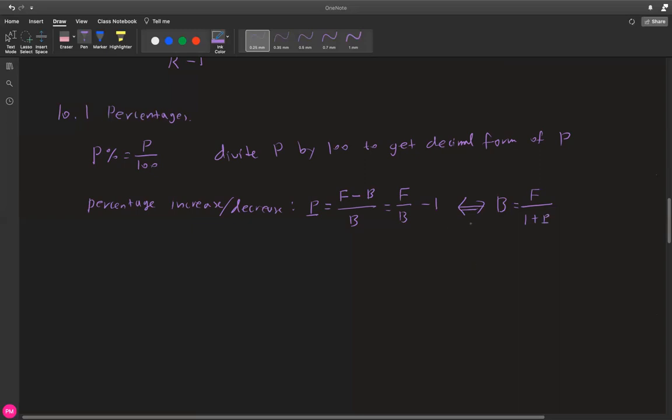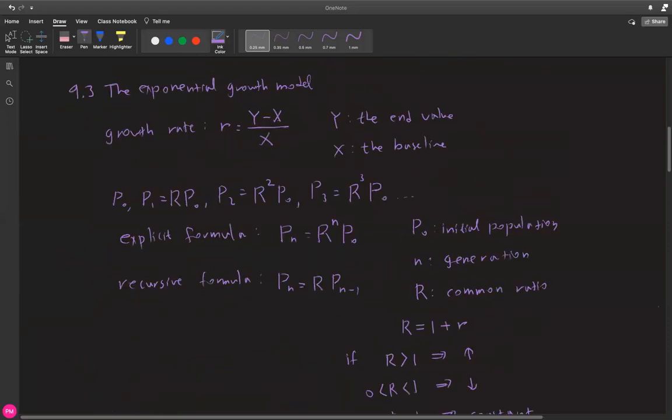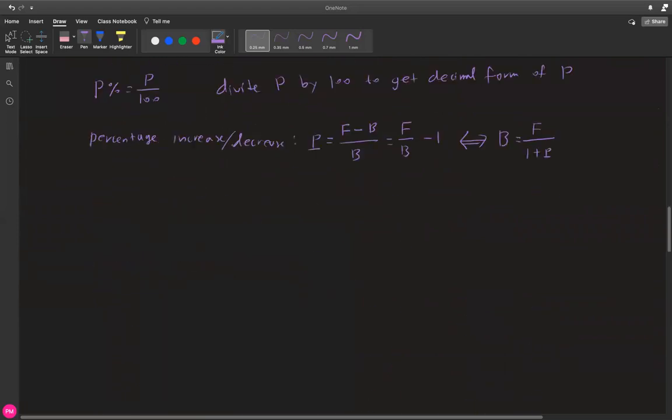And this is actually derived straight from this growth rate. I'm just using a different notation to have you understand that F here is the final value, B is the baseline, and P is the percent in decimal.